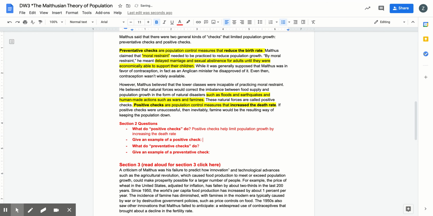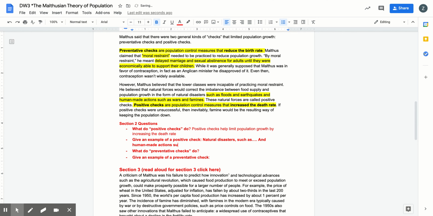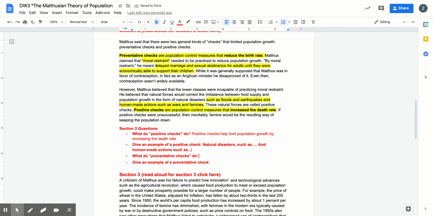Examples of positive checks: natural disasters such as, and human-made actions such as. Right, then it asks me about preventative checks.